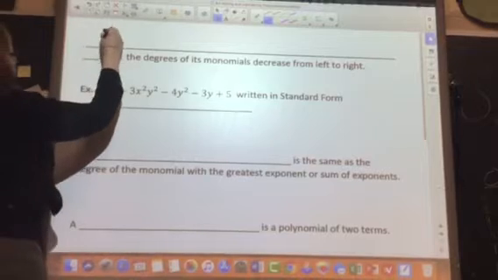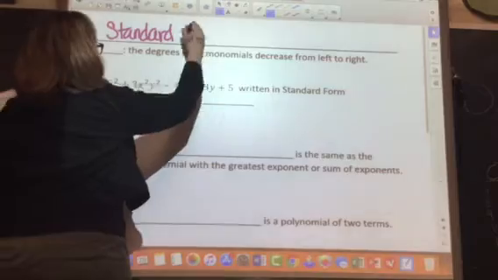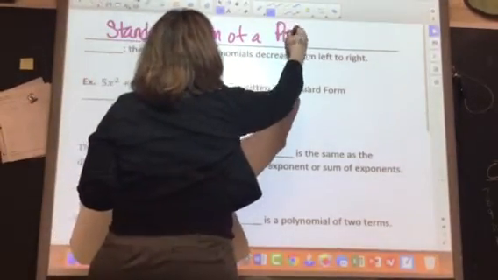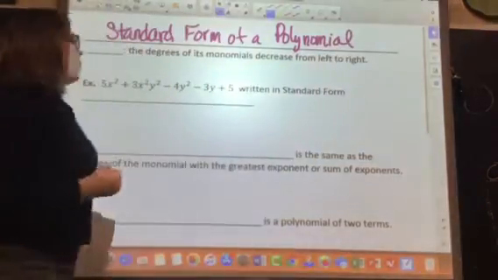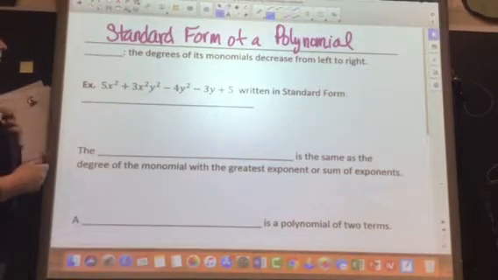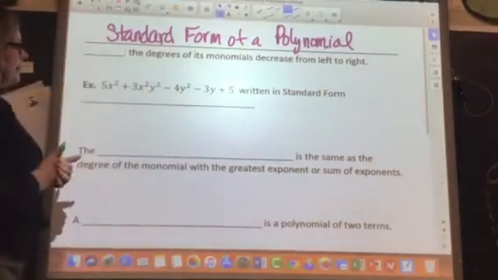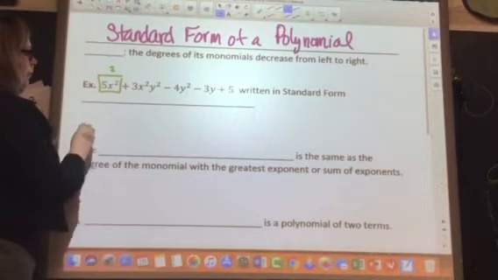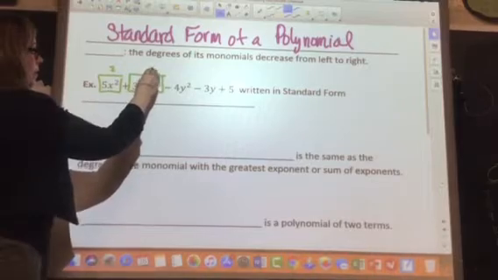The standard form of a polynomial is the degree of its monomials written in order from left to right. So you have to look at each independent term. So this is degree 2. This term right here is degree 4.